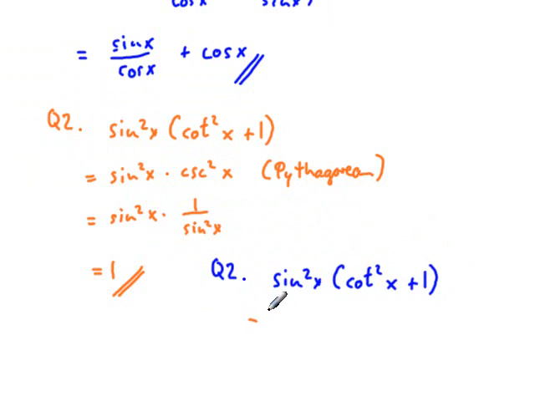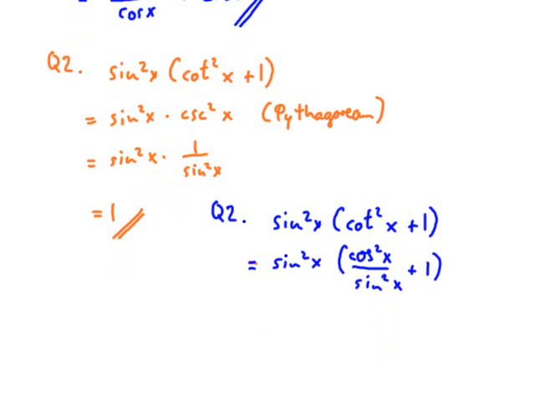Even if I didn't know that, I could do the following: equals sine squared x times cosine squared x over sine squared x, that one I do have to know, plus 1, that is the ratio identity, and then of course on the first one the sine squared divides, so it's going to be cosine squared x, and on the second one when I have distributed it, that is sine squared x, and that Pythagorean identity I have to know, even if I didn't know the other one.